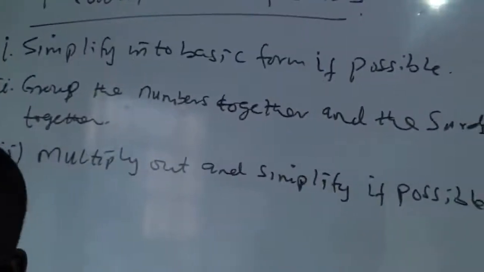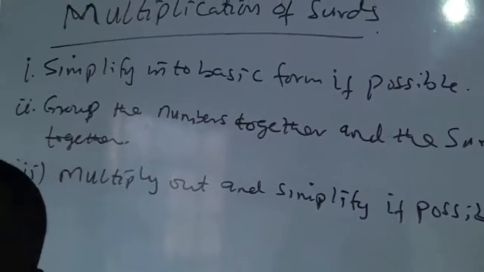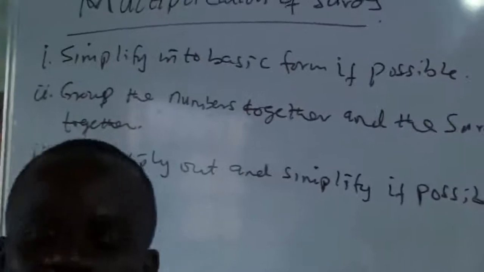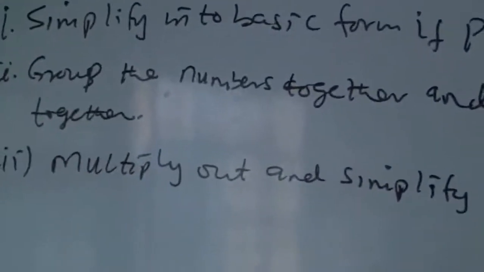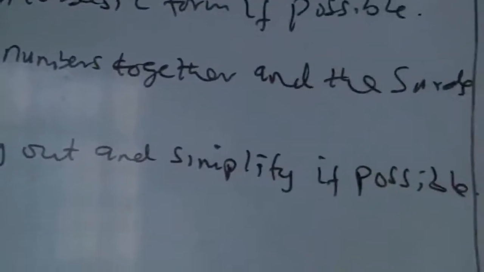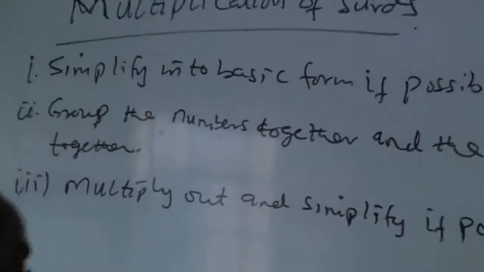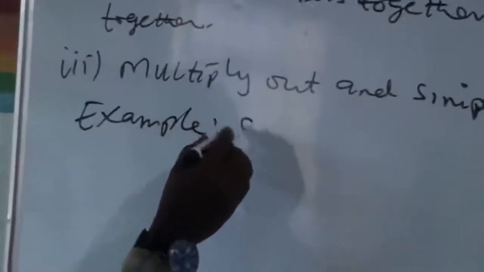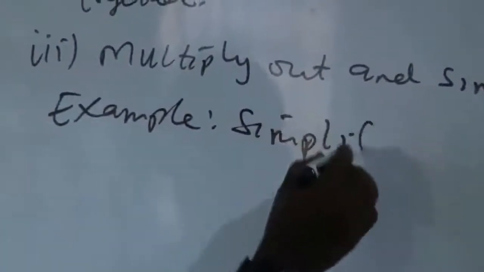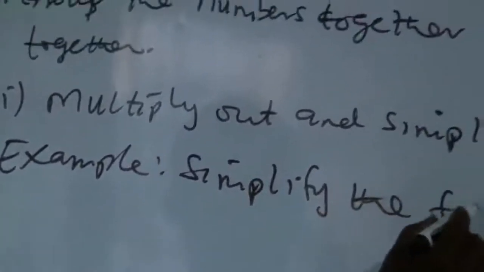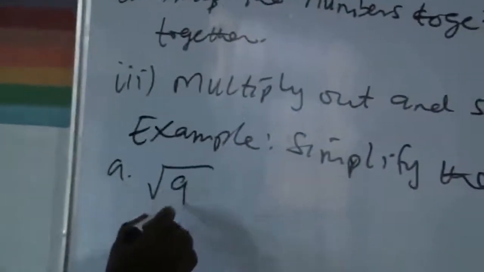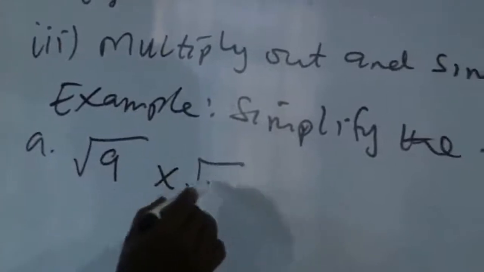You break them down. After breaking it down, then you group them, that is the numbers together, you multiply them. And then the roots together, you also what? Multiply them. And if what you have needs to be broken down too, then you also do that. Example, simplify the following. A, root 9 times root 16.